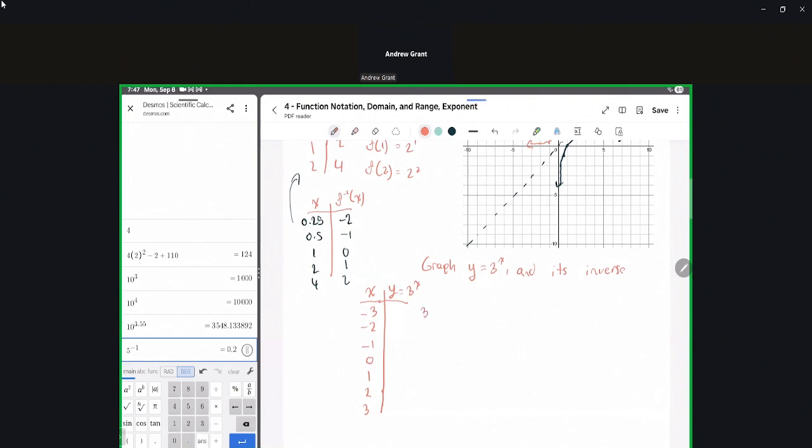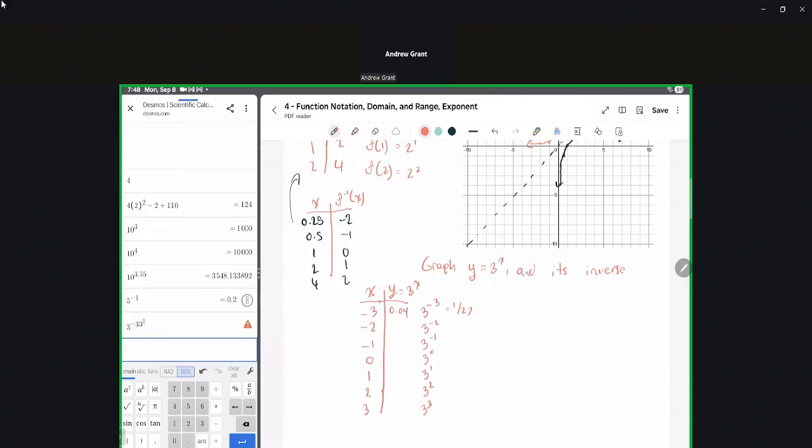So we're going to be typing into our calculator 3 to the power of -3, then 3 to the power of -2, 3 to the power of -1, 3 to the power of 0, 3 to the power of 1, 3 to the power of 2, and 3 to the power of 3. And again, when you're just typing these into your calculator, just practice typing them in as is. So this 3 to the power of -3 is equal to some awful decimal. So we know that it's really supposed to be 1 over 27. Might be hard to type in, so for our purposes, we'll just put in 0.04.